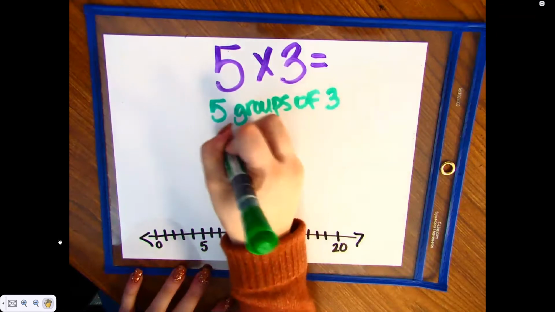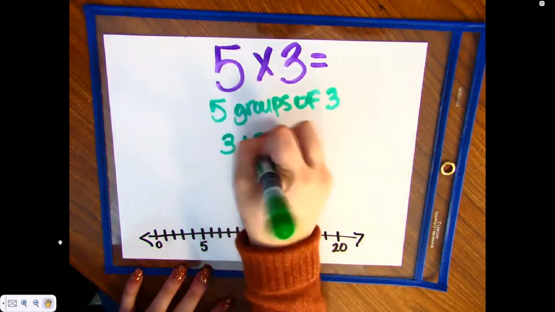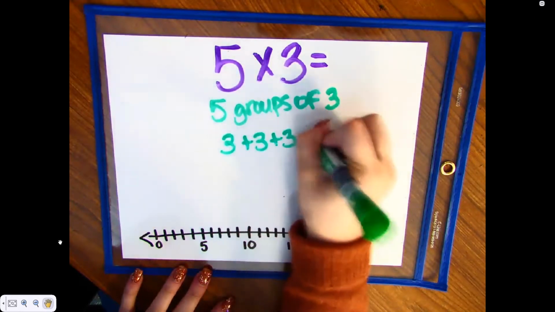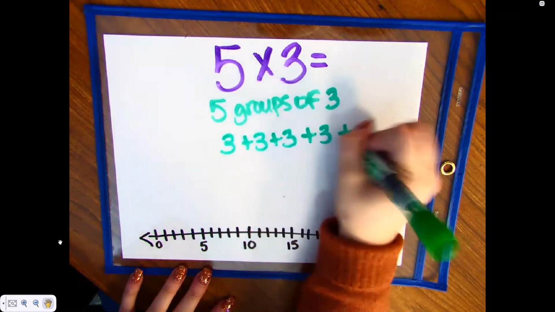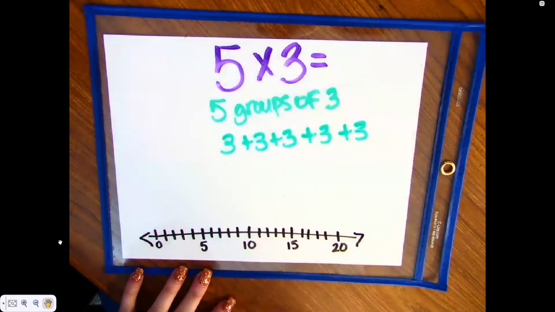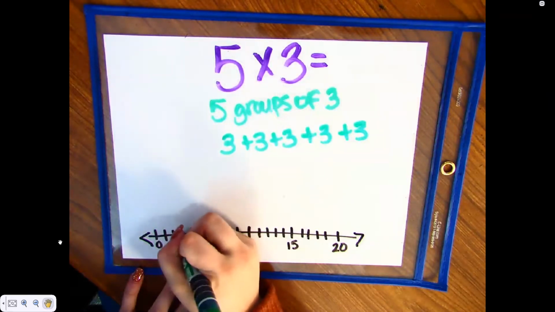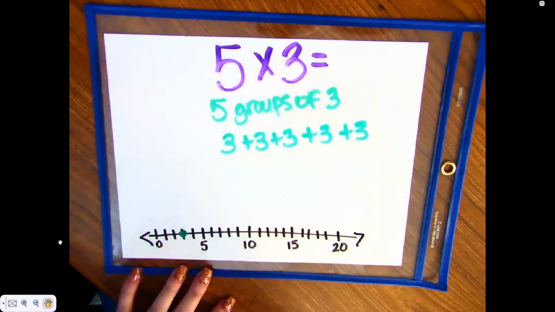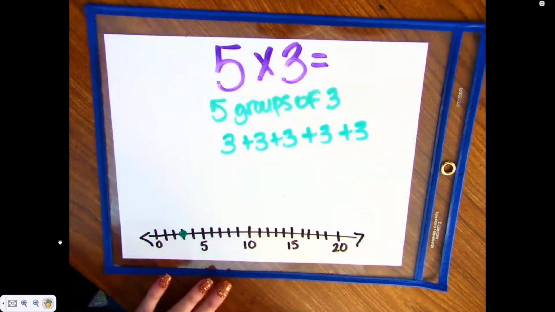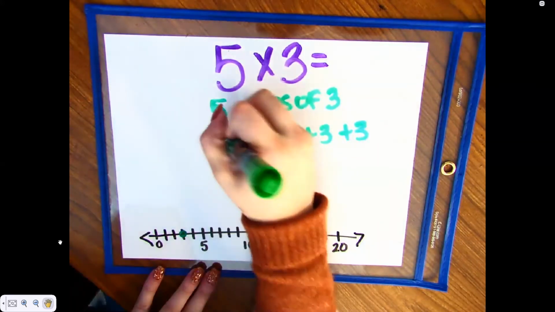So I'm going to do 3 plus 3 plus 3 plus 3 plus 3. So I have 5 groups of 3. So I'm going to start at the number 3. 1, 2, 3. Okay? So how many tallies on my number line do I need to move? I've done 3.